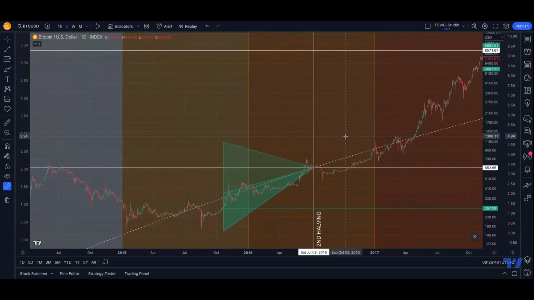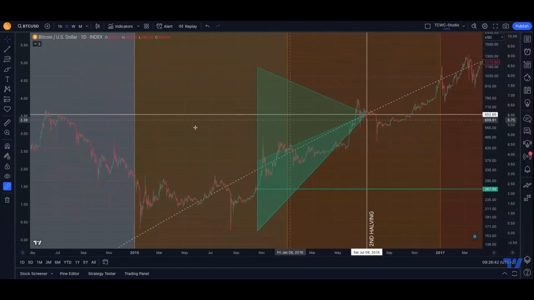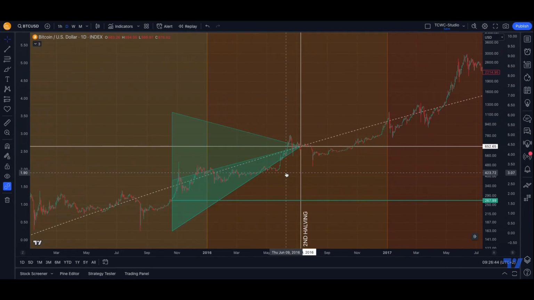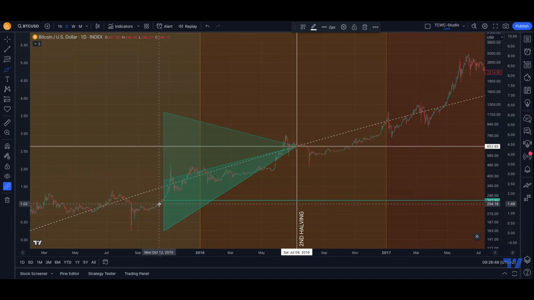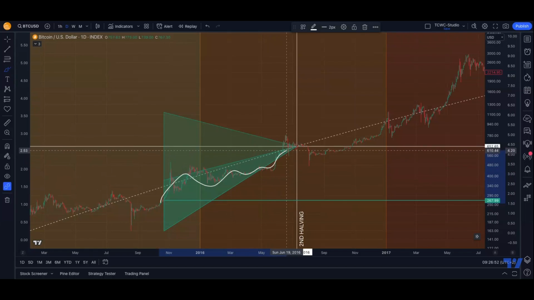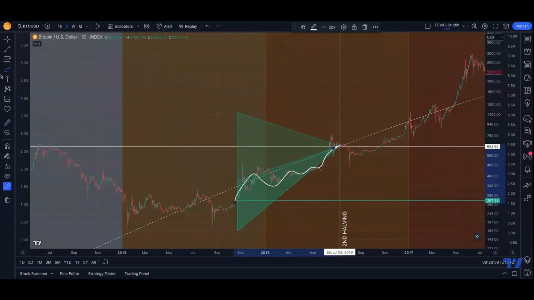So the bull market before that was also the lower triangle. All right, as you can see here, the majority of the time we traded within that lower triangle up until the future halving.